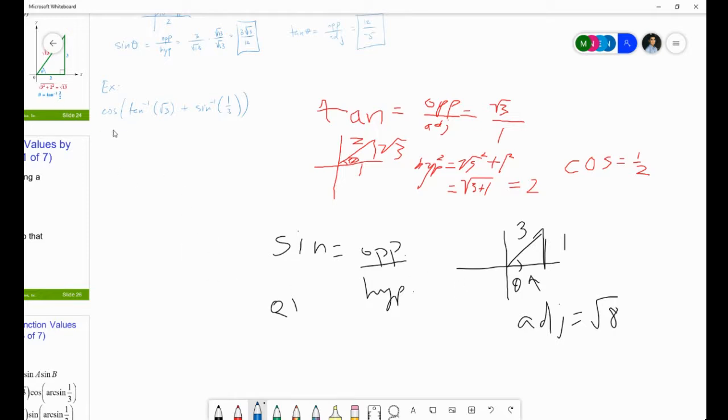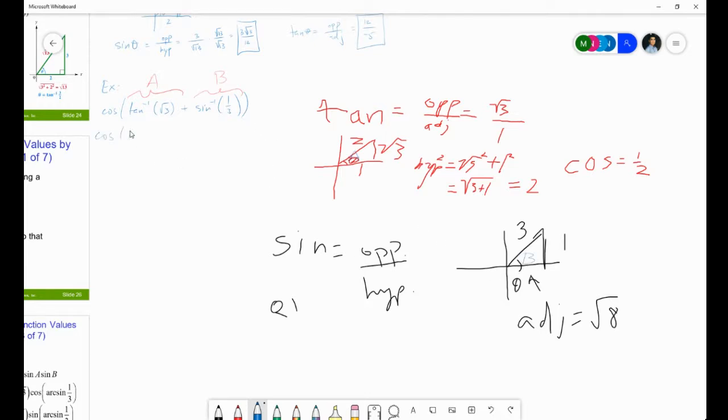The original problem was cosine of tan inverse square root of 3 plus sine inverse of 1/3. Now, I told you earlier that anytime you see an inverse function, that's going to be an angle. I'm going to call this one A and this one B. And A and B are going to be my angles. So for tangent, this one would be A and this one would be B.